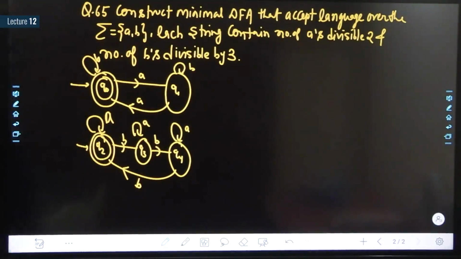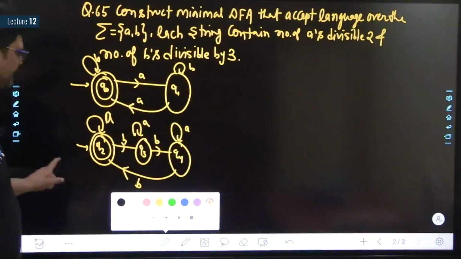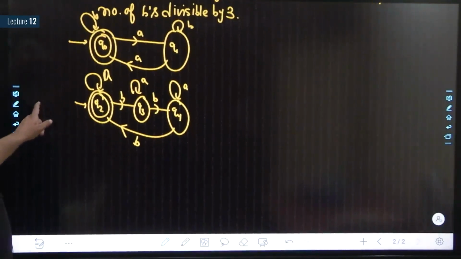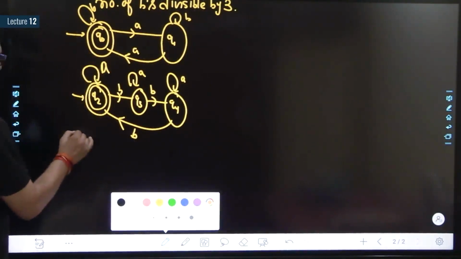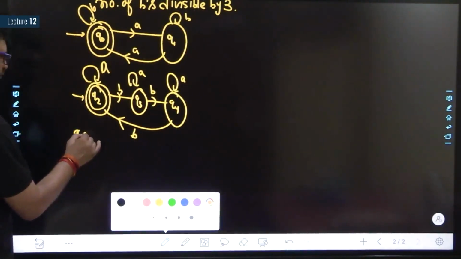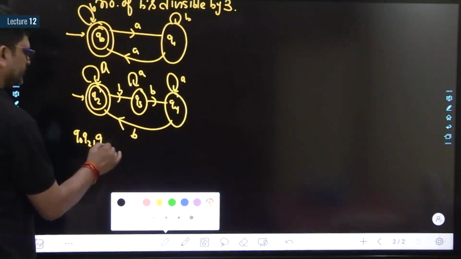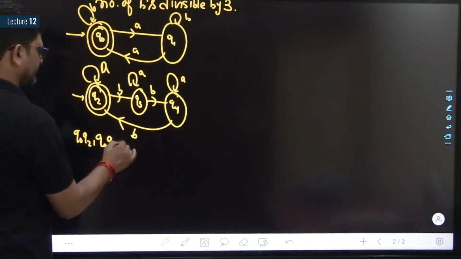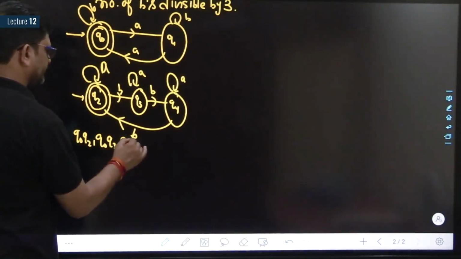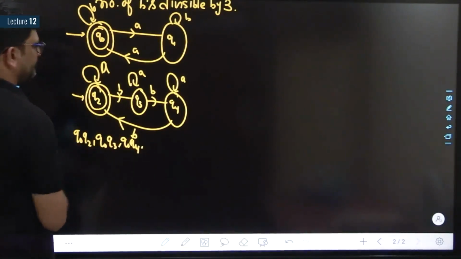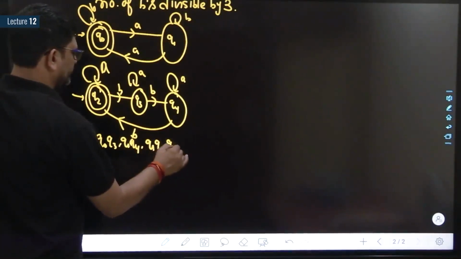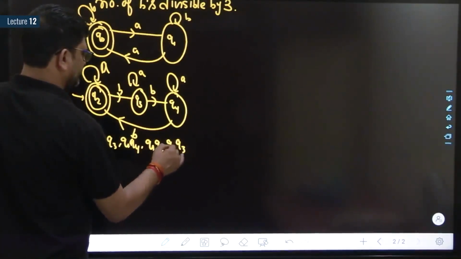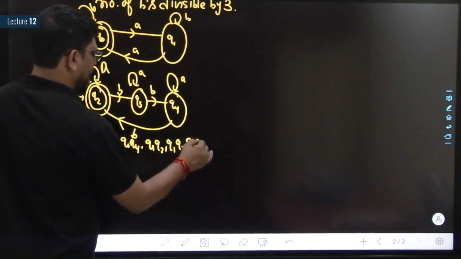Now, make the compound DFA. How many number of states in compound DFA? Check. Q0Q2, Q0Q3, Q0Q4, Q1Q2, Q1Q3, Q1Q4.